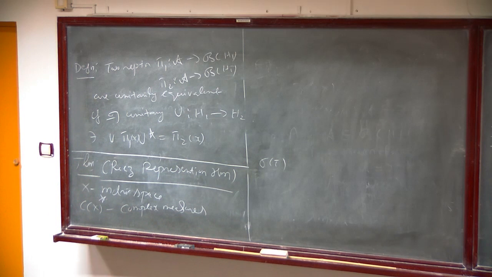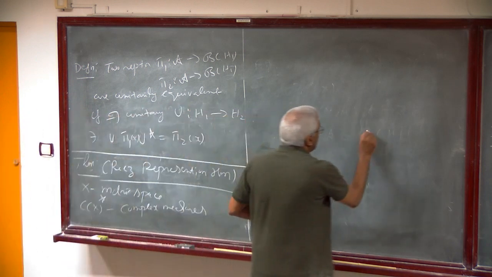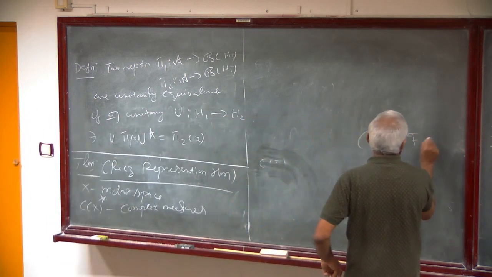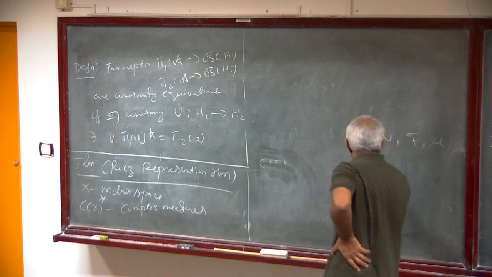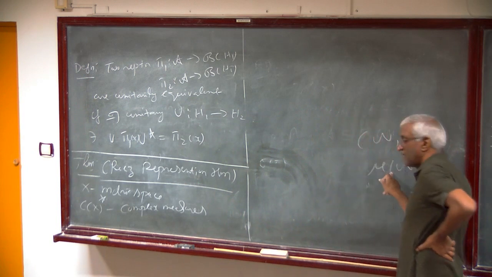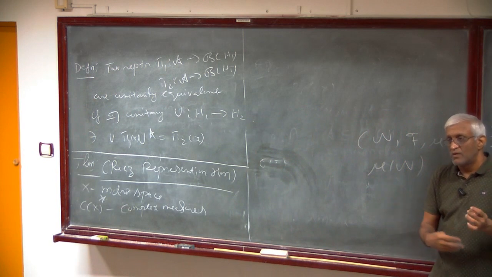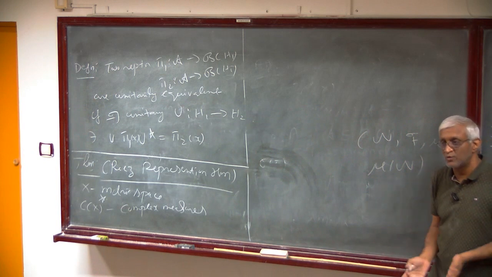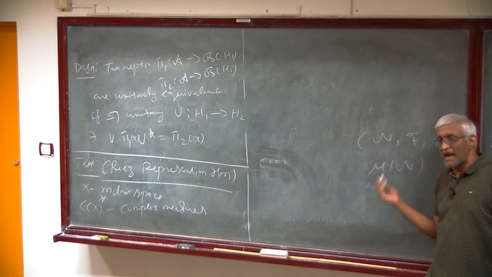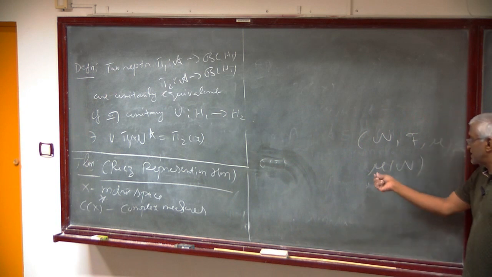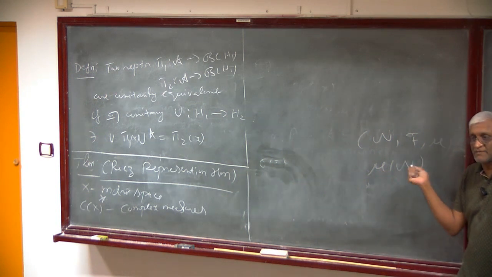Complex measure. If you have a measure defined from omega to C, then mu of omega will be like a norm for this measure. You can add measures, right? Of course, if you assume complex measures, you can add these measures. But then this will be a complex number for complex measures.